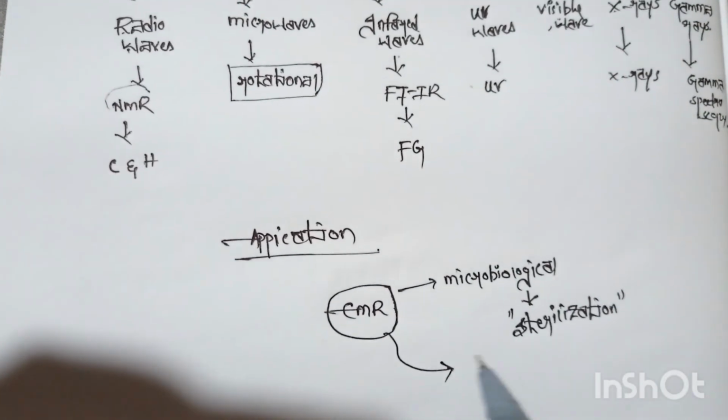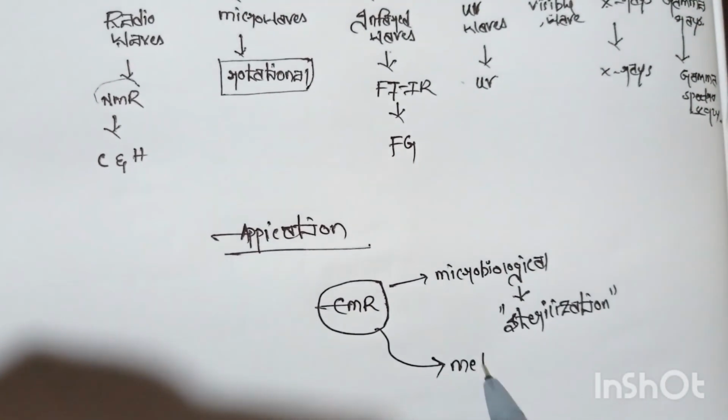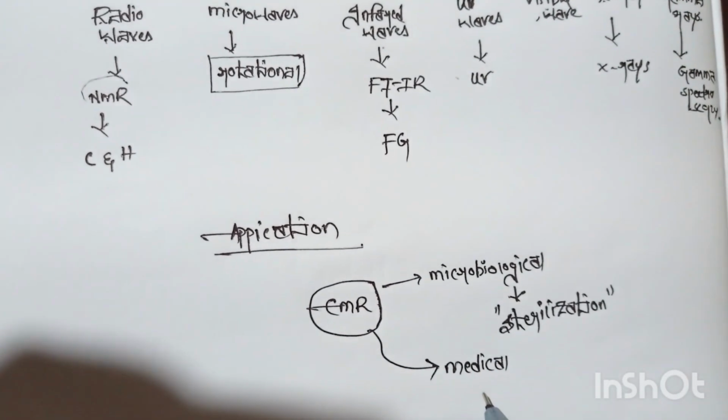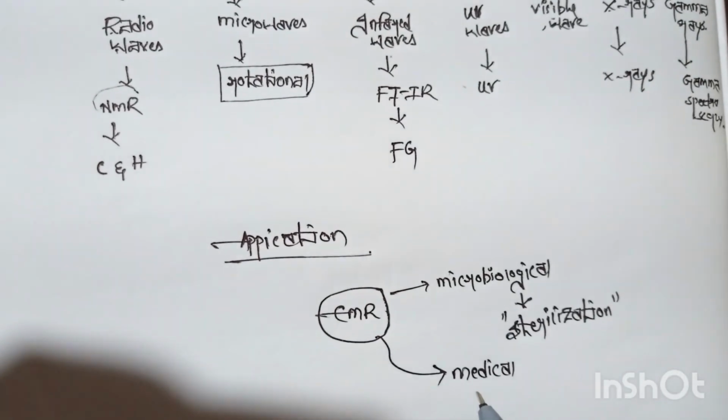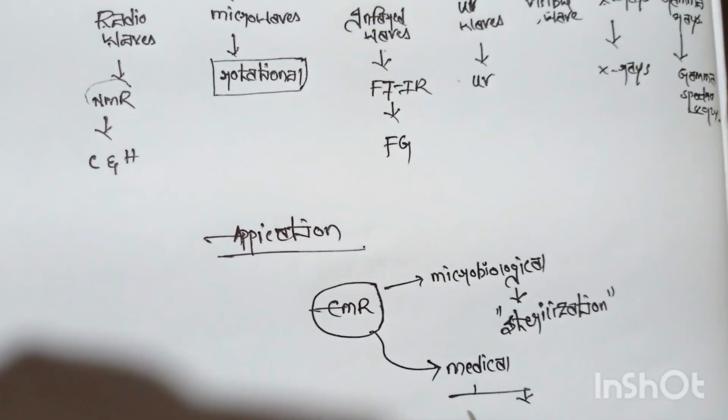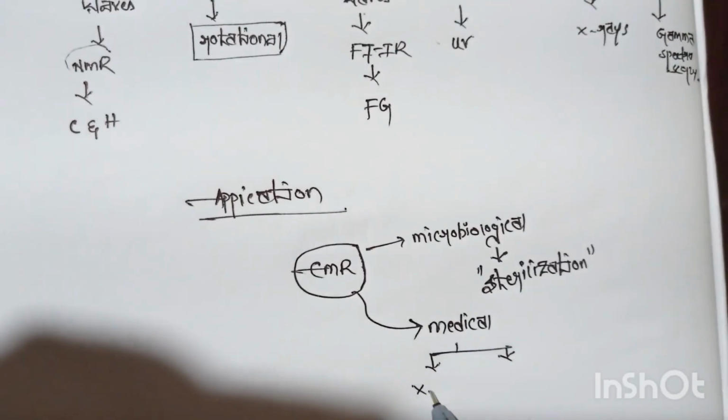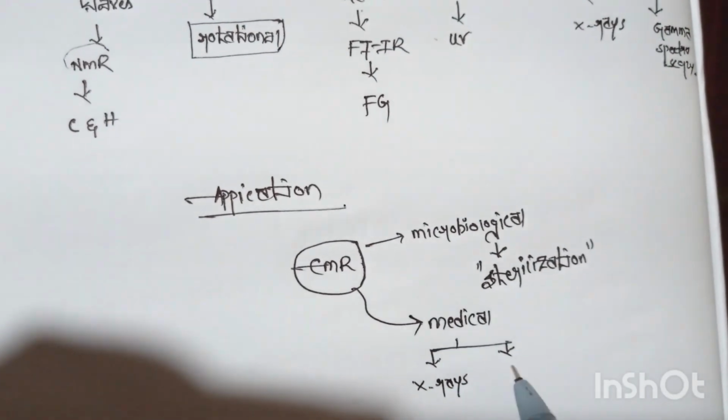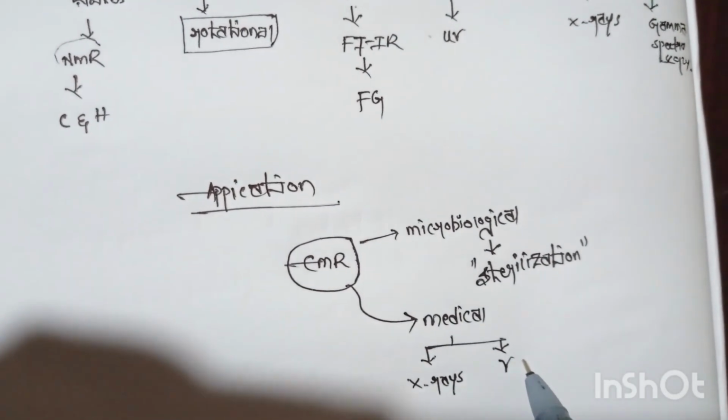And in the medical field, generally two types of rays are used. One is X-rays and the other is gamma rays.